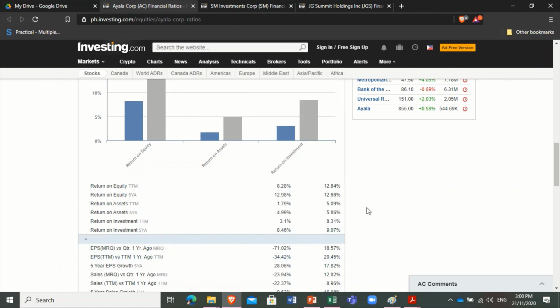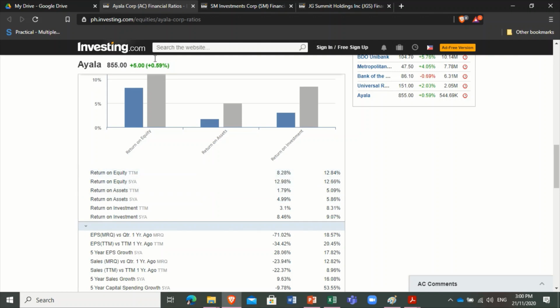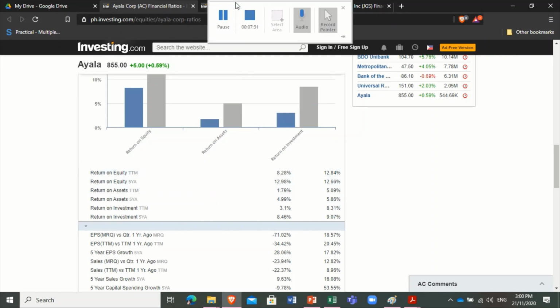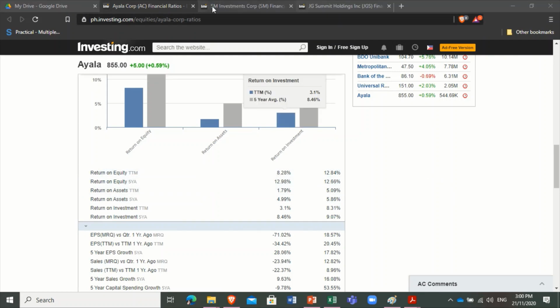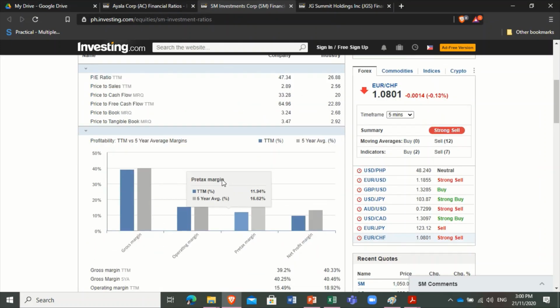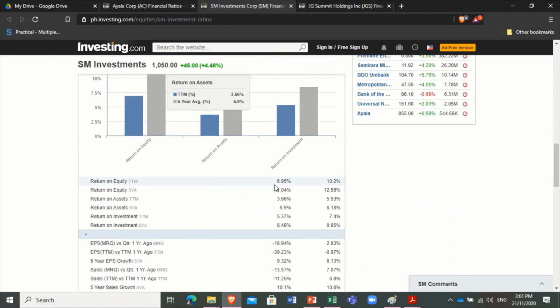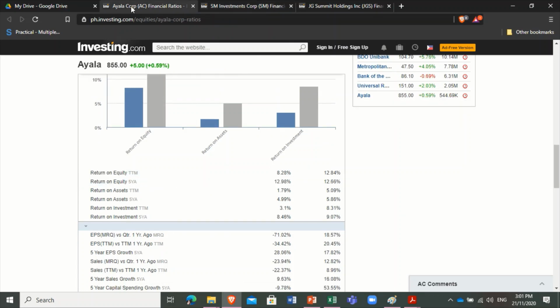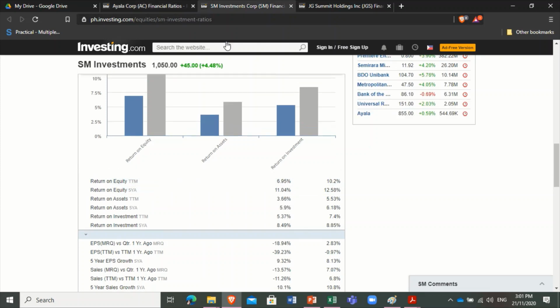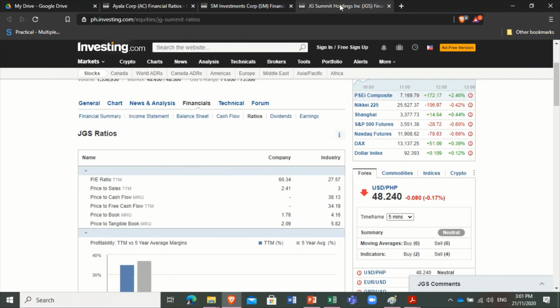So let's try to look on the return on equity. This is Ayala. Tingnan nga natin yung sa SM. Return on equity. So let's see. ROE 6.95. This is for 12 months. Okay? Tingnan natin si ano. 8.28 si Ayala, 6.95 si SM, si JG Summit naman, ay dapat pala, tama, JG Summit kasi is Robinsons.